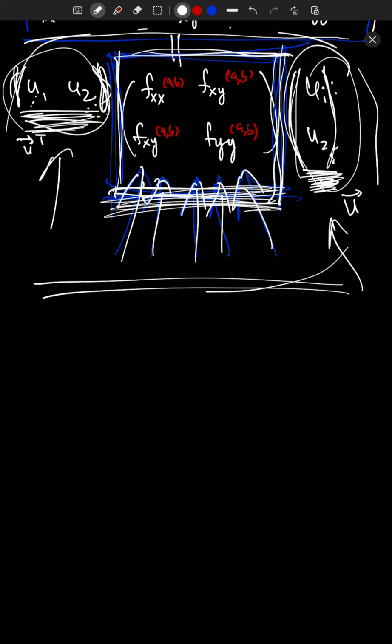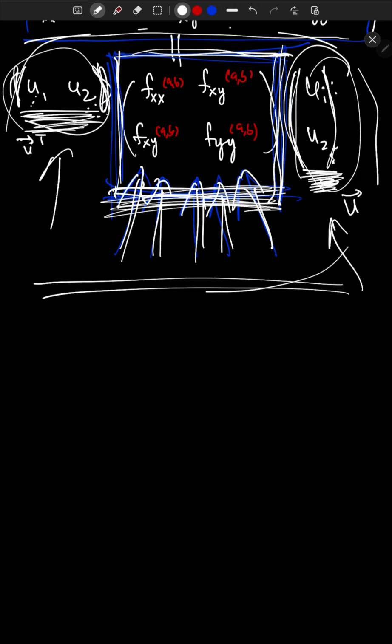So what does that mean about the matrix? That means this matrix has positive eigenvalues. If it's a maximum, then it's concave down in every direction. That means this matrix has negative eigenvalues.